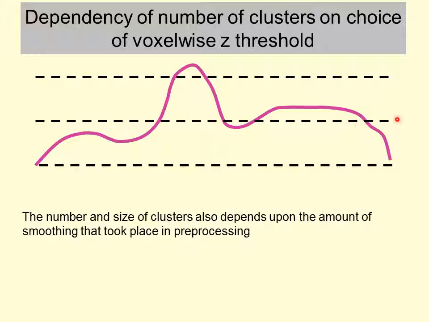If you choose this threshold here as your initial threshold, 2 clusters go forward. If you choose this lower initial threshold here, then only 1 cluster goes forward again, obviously 1 large cluster. The other thing that determines how many clusters are going to be found initially, other than the choice of voxel-wise Z threshold, is the amount of smoothing that you apply in your pre-processing.